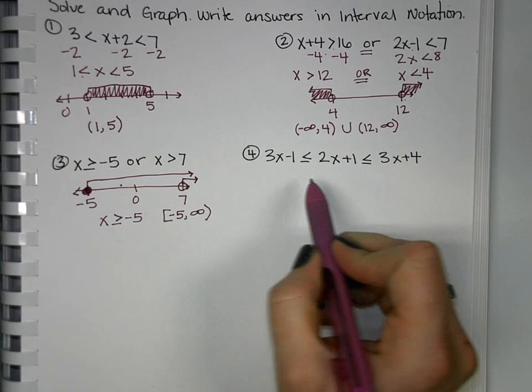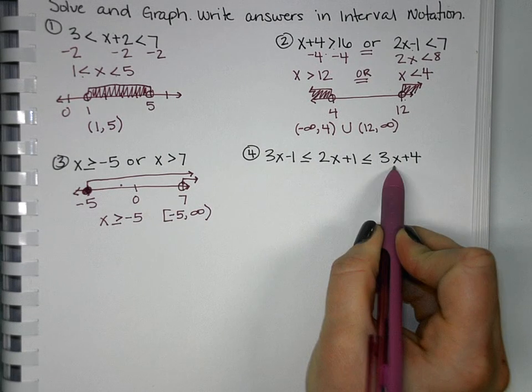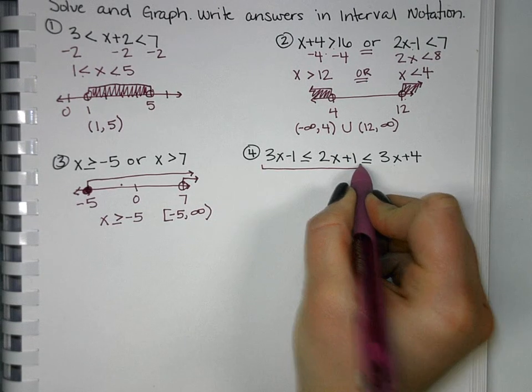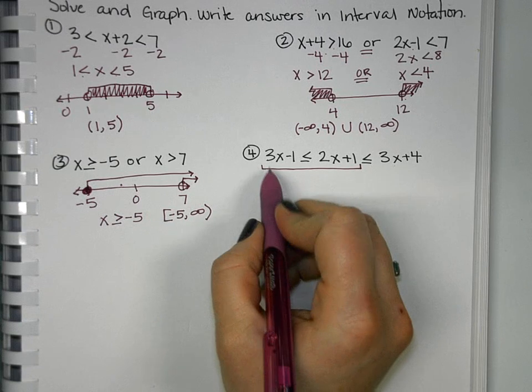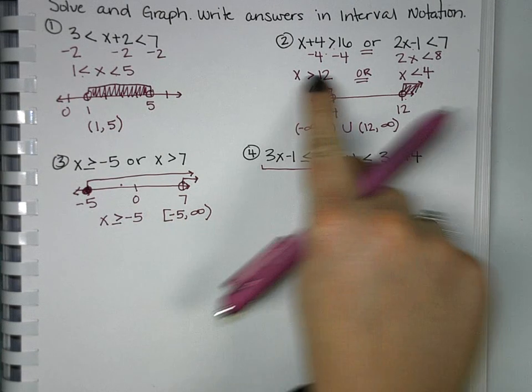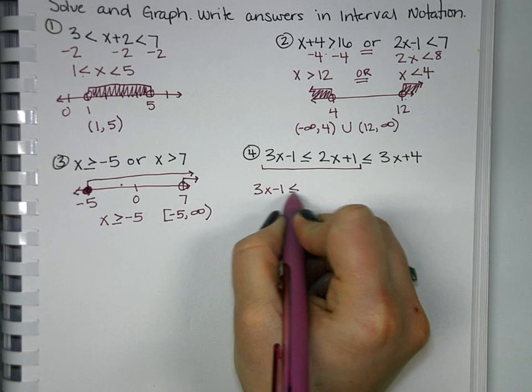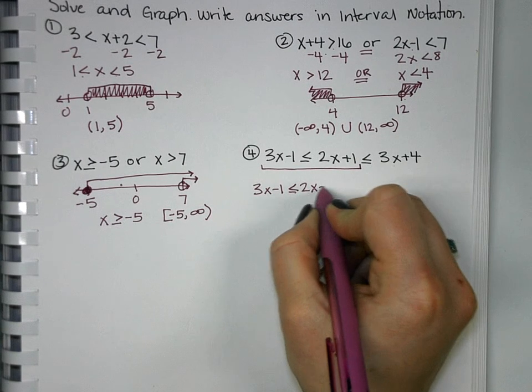When you have something like this where you have x in all 3, it's a lot easier to separate them. So I'm going to separate it so it looks like number 2. My first inequality is 3x minus 1 is less than or equal to 2x plus 1.